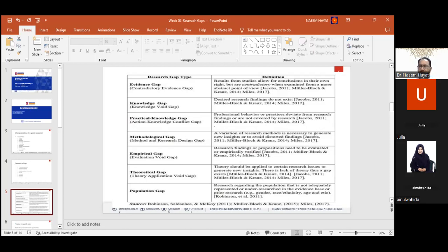Another kind of gap that is available is the methodological gap. Mostly some studies are done in general terms quantitatively, so there is a gap to do the research qualitatively. If some research is done more qualitatively, there is a possibility to document the research findings quantitatively. Maybe some research requires a holistic kind of exploration, so a more qualitative study may be required.